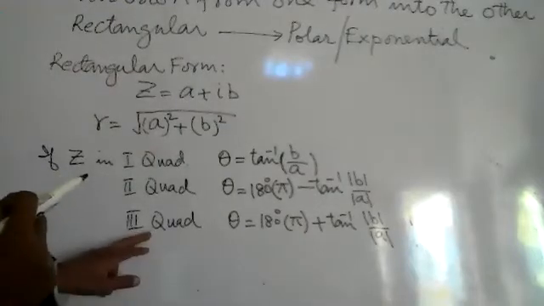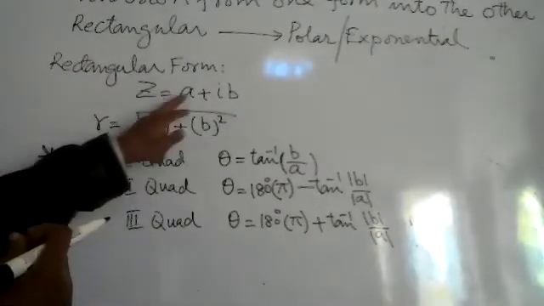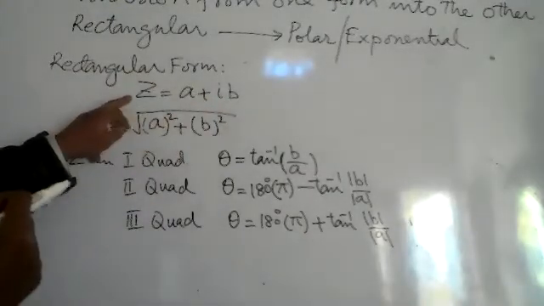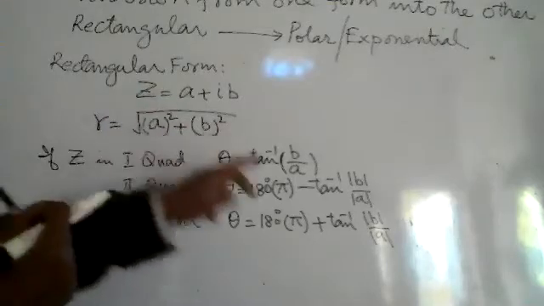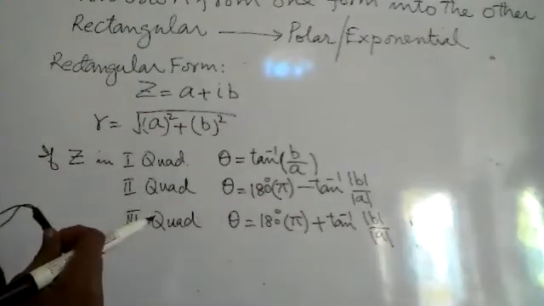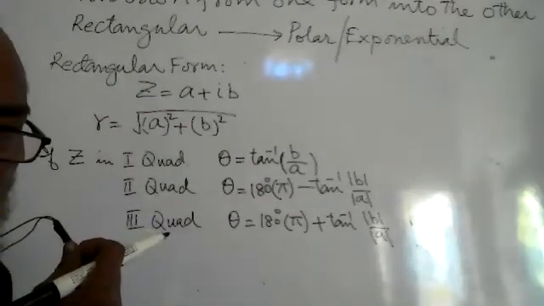In the third quadrant, both are negative. When a and b are negative, it will be in the third quadrant. But you have to take both values positive.